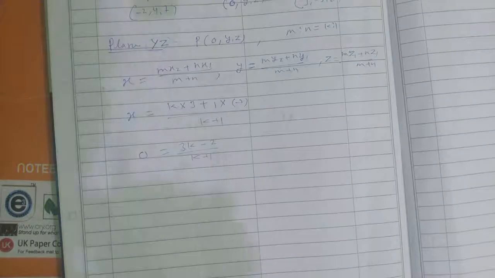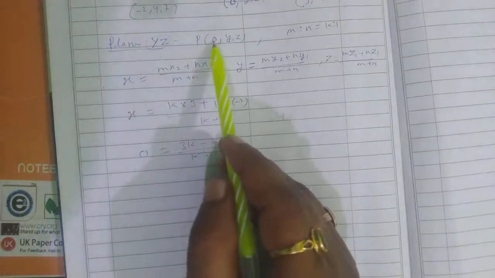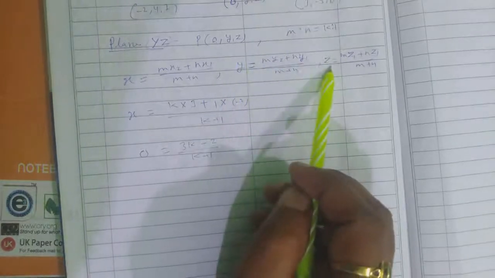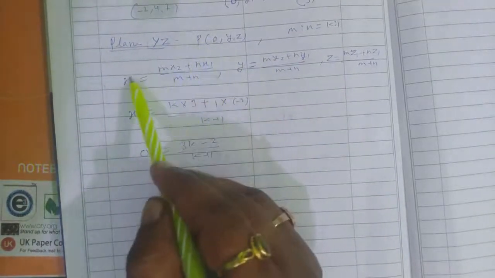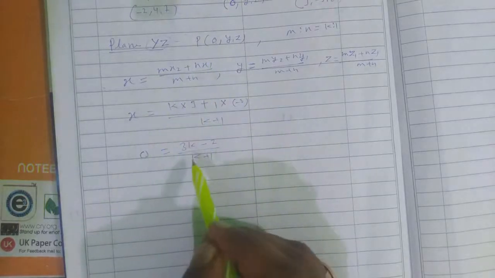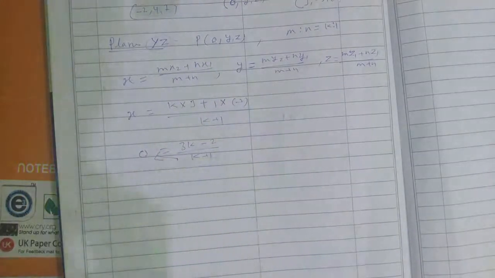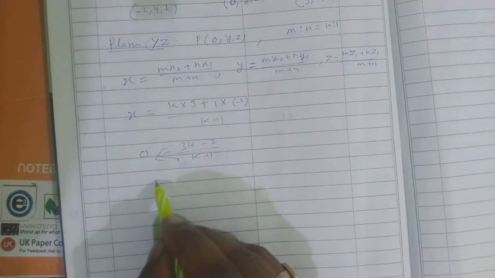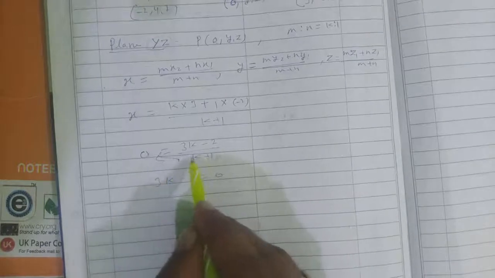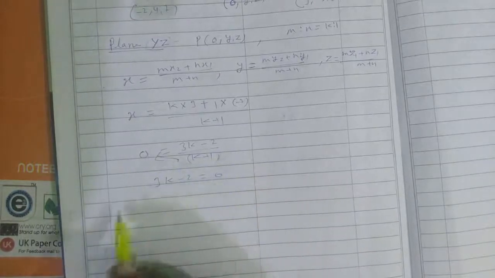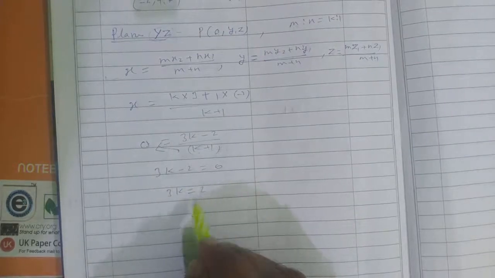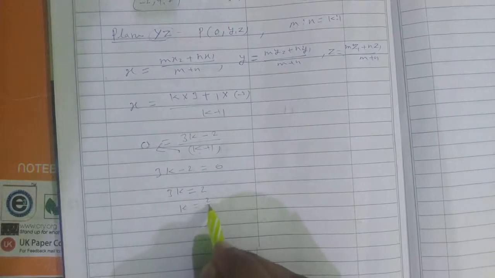First, understand this thing: the x place coordinate will be 0, the y place is y, and the z place is z. Equating, the x place is 0, then cross multiply: 3k minus 2 equals 0, because multiplying by k plus 1, the result becomes 0. Then 3k equals 2, so the value of k equals 2 upon 3.